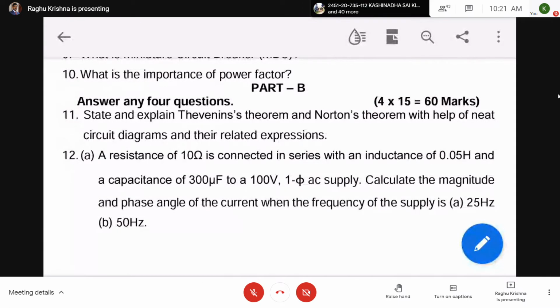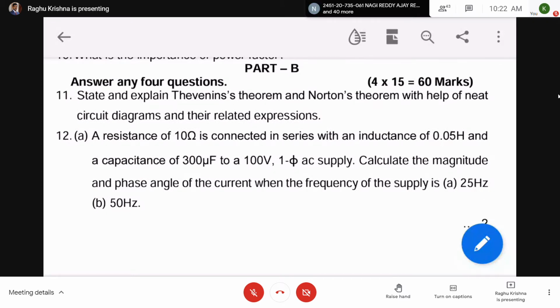You can take the diagrams from the lab manual, or draw your own circuit, and explain how to calculate RTH and how to calculate the open circuit voltage. If you explain these 2 steps, that is enough.